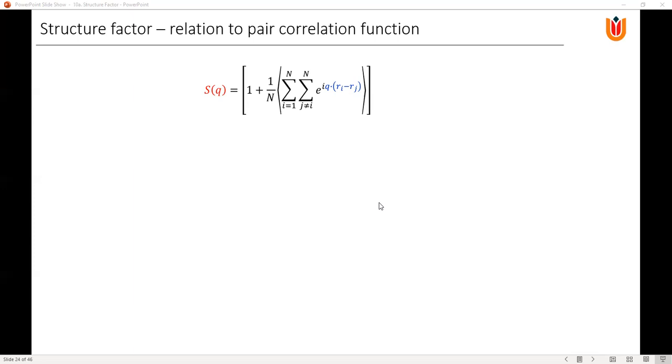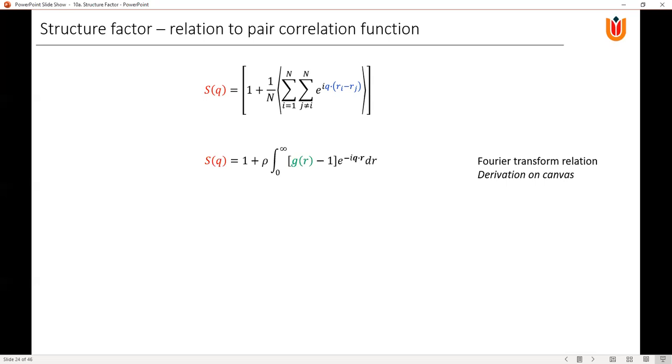As an argument of the structure factor, we have distances between particles, and we also have a function that describes the likelihood of these distances. So I'm not going to derive it. That is way too much for now.